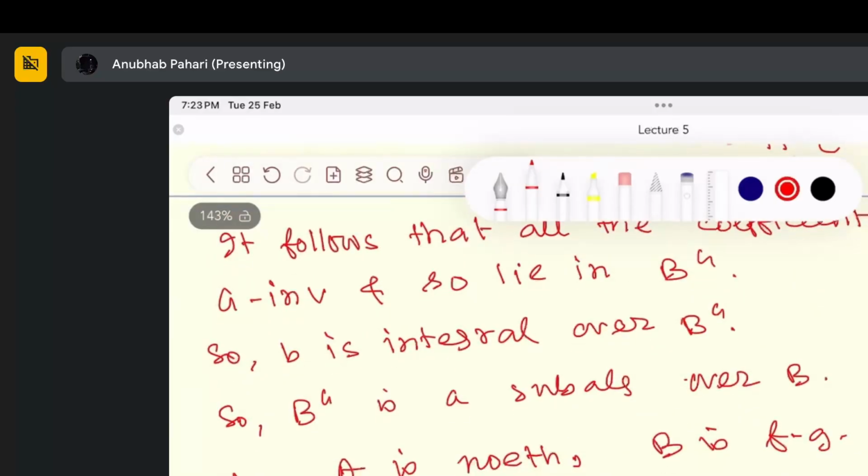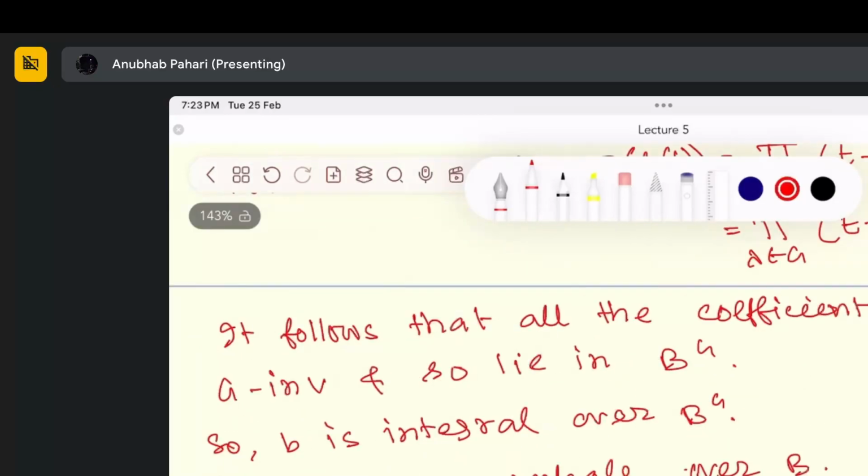What I did was show that B is integral over B^G, that means there exists a polynomial in the polynomial ring B^G[x] so that if you put b in that polynomial, it would be 0.